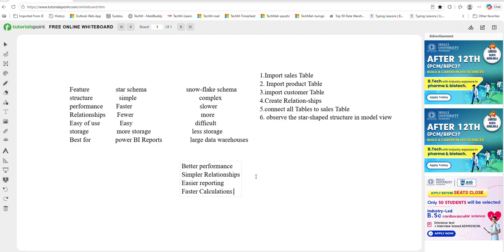That's why we use star schema. In Power BI Desktop, we use star schema only. We use star schema rather than snowflake schema because it has better performance, much simpler relationships, easier reporting, and faster calculations. So these are the 4 points.